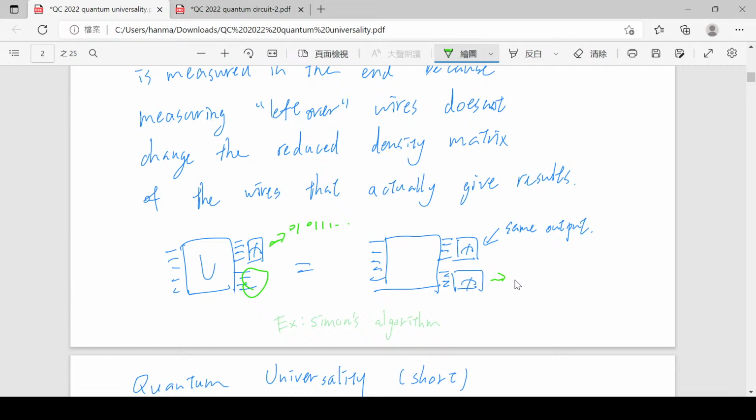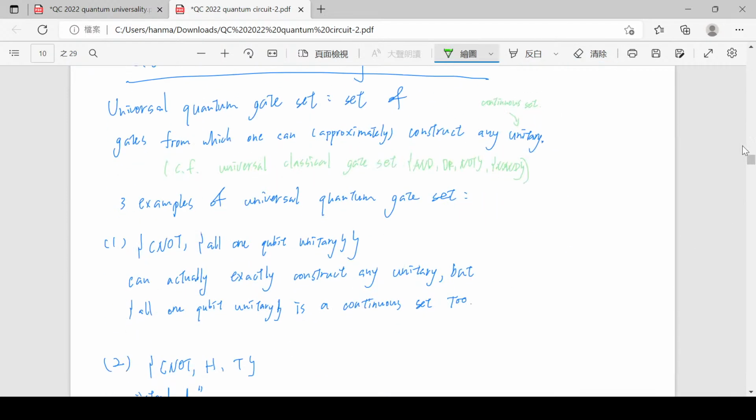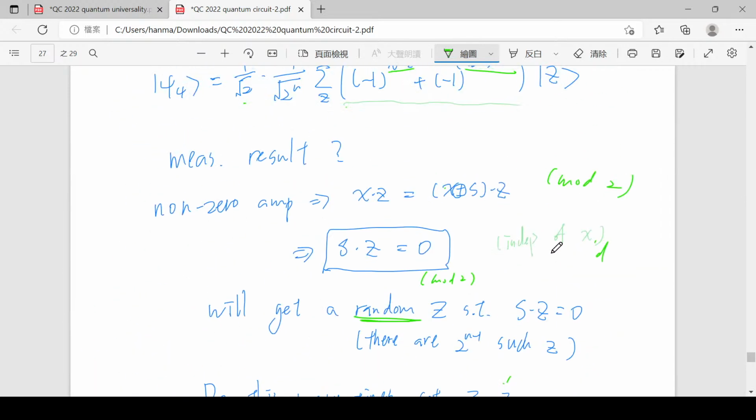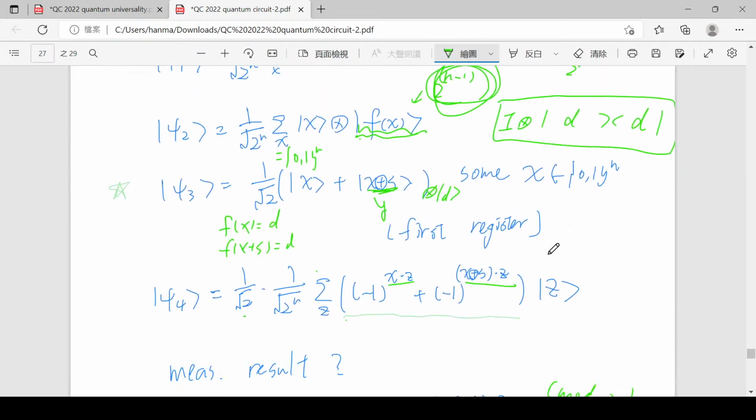So you can go through the measurement results one by one. Remember in Simon's algorithm, we do this, and it's this step here.